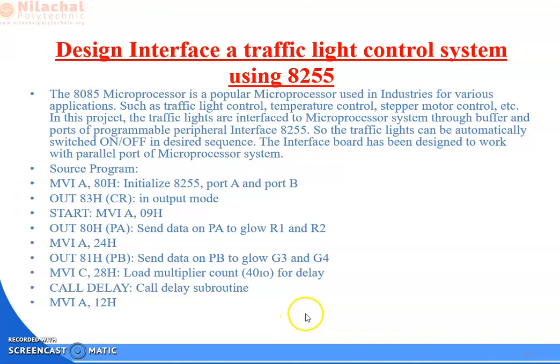Next MVI A, 24H. OUT 81H, that means send the data on port B to glow G3 and G4. Next MVI C, 28H, load the multiplier count 40 for delay. Next CALL DELAY, that means call the delay subroutine.